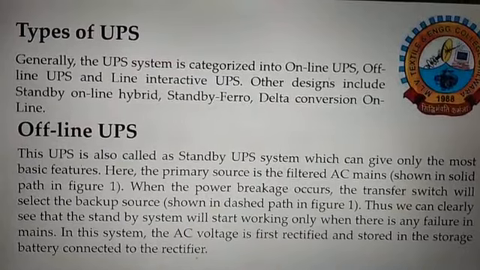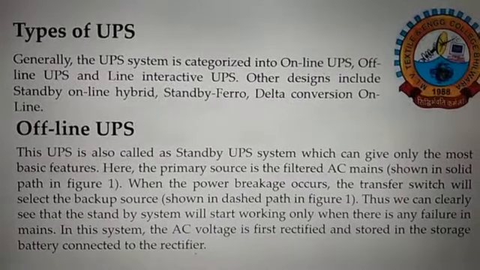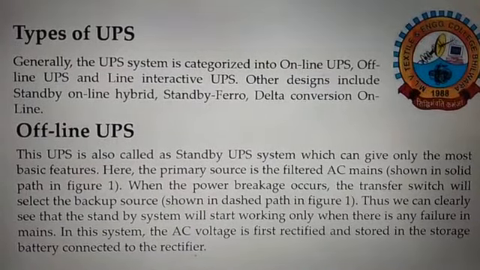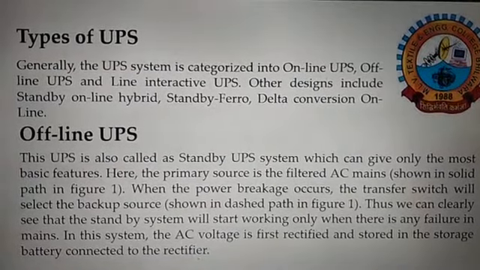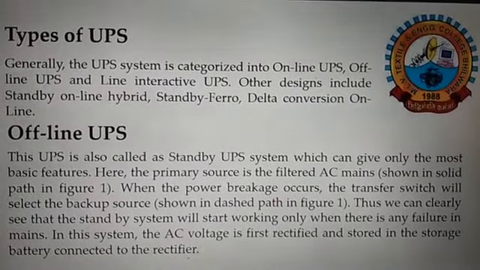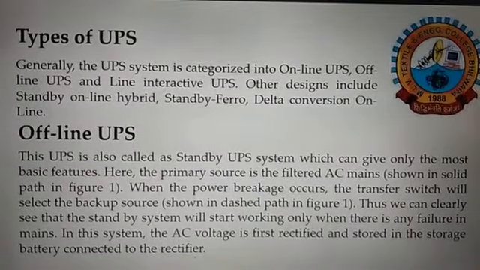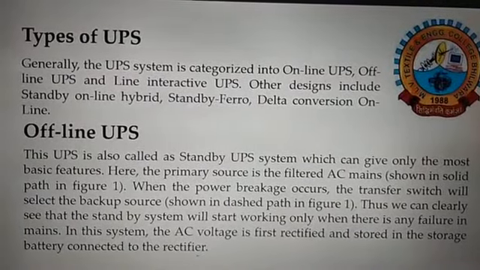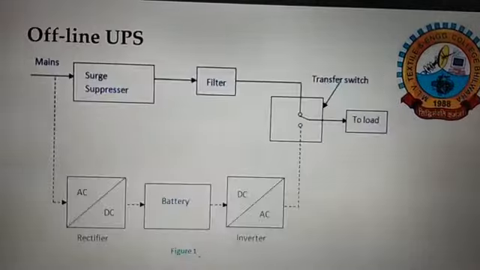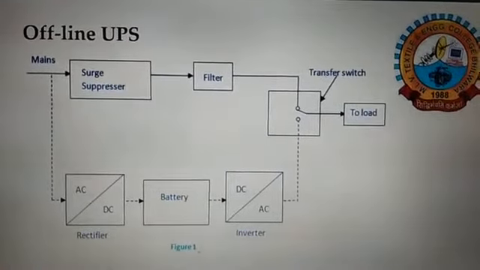Thus we can clearly see that the standby system will start working only when there is any failure in the mains. In this system, the AC voltage is first rectified and stored in the storage battery connected to the rectifier. So it is a very simple type of UPS, which is generally used in our personal computer.